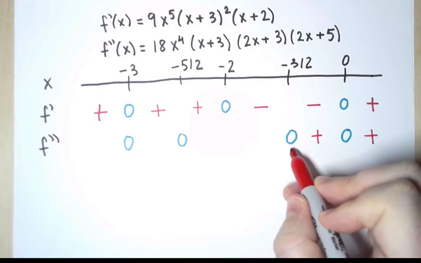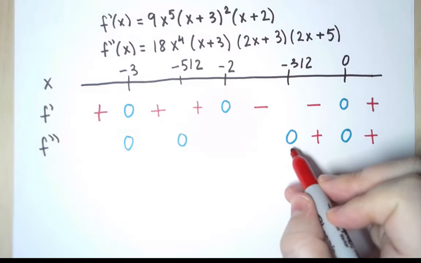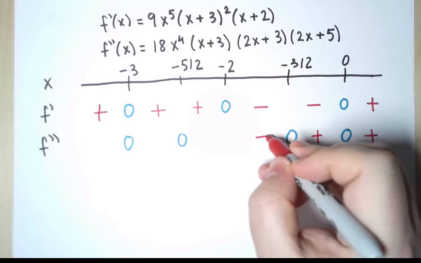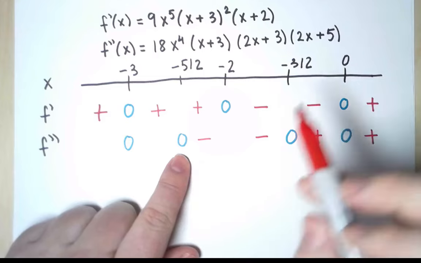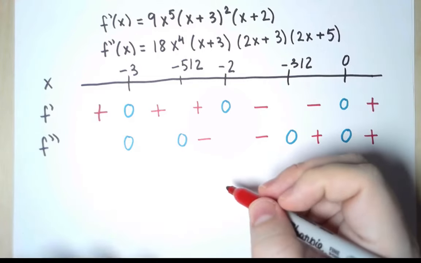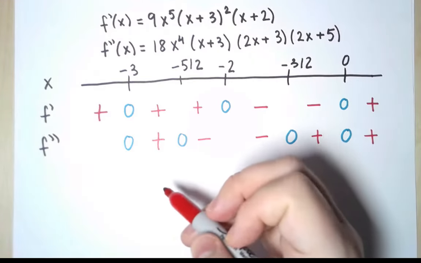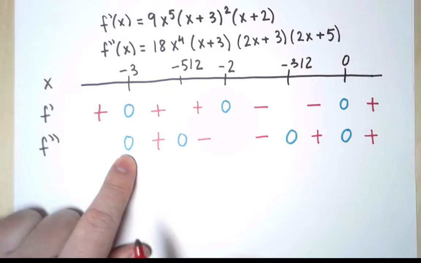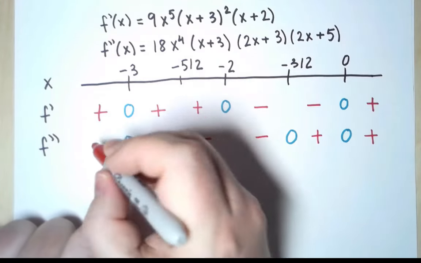At -3/2, the term that vanishes is 2x plus 3, which changes sign. At -5/2, the term that vanishes is 2x plus 5, which also changes sign. And finally, at -3, the term that vanishes is x plus 3, which also changes sign.